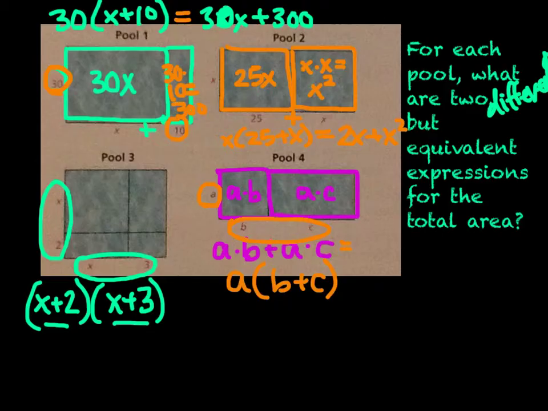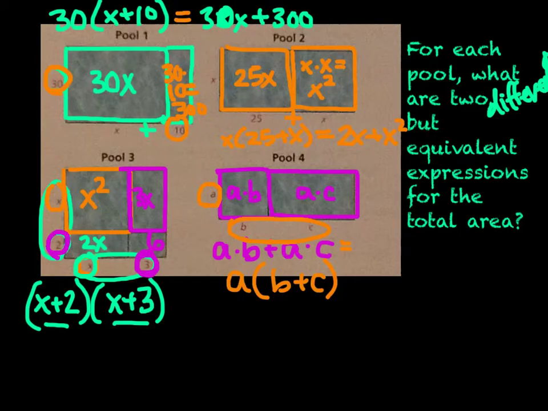And then we can also look at the actual areas. We have x on one side of this and x on the other side, so x times x, or x squared. We then have also x times 3, or 3x. We have x times 2, or we can write that as 2x, and our very last one is 2 times 3, or 2 times 3 is 6.